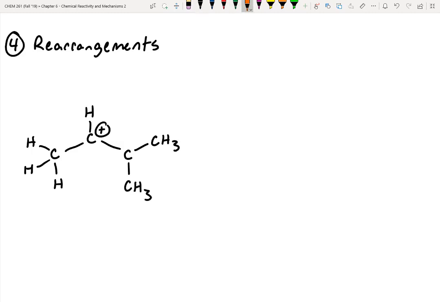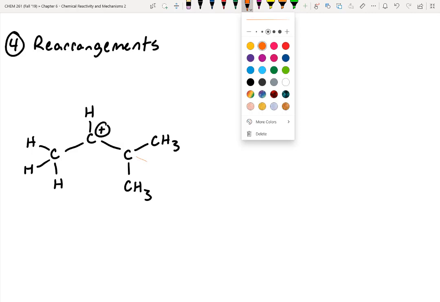And in fact, I'm going to color code this just so we can keep track of everything.